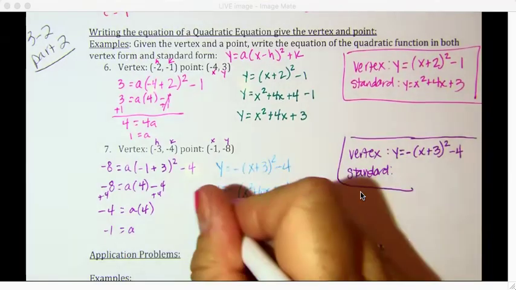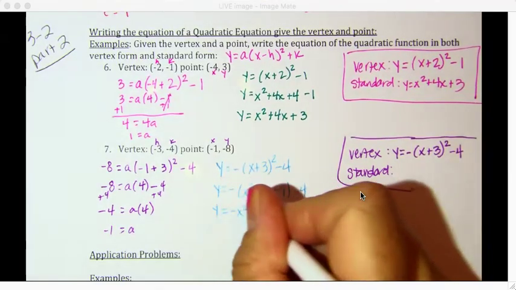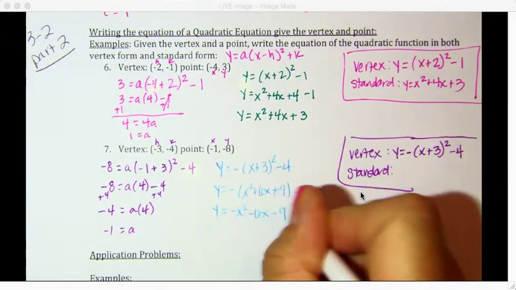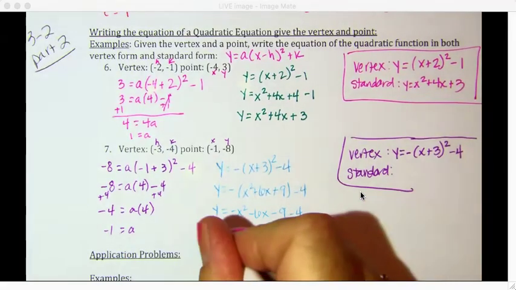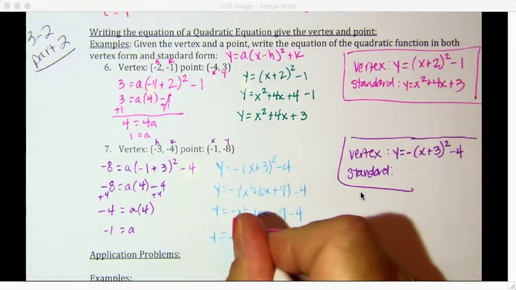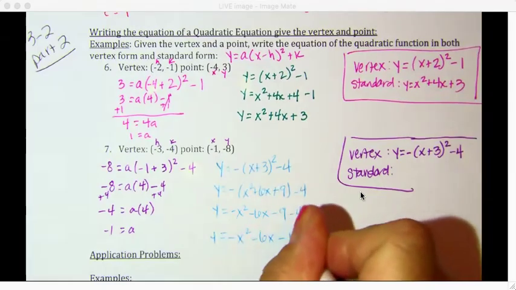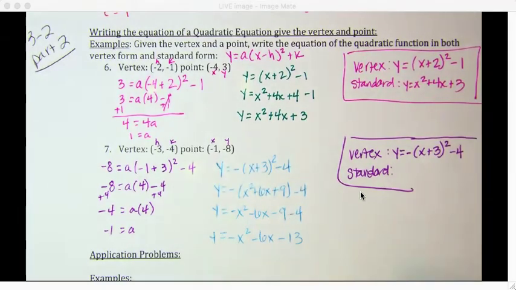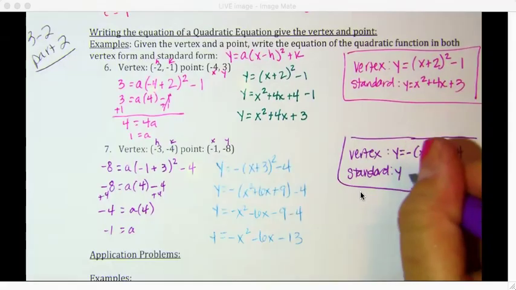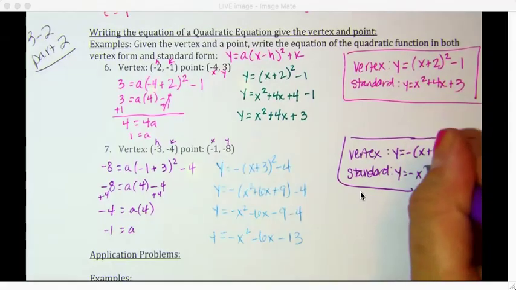And distributing that negative, I have negative x squared minus 6x minus 9 minus 4. So I have y is equal to negative x squared minus 6x minus 13. And that's the standard form of that parabola.